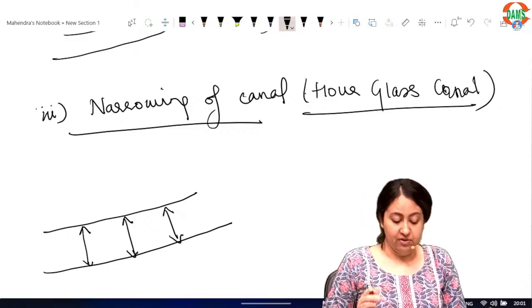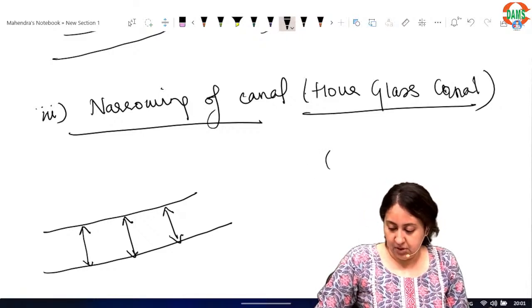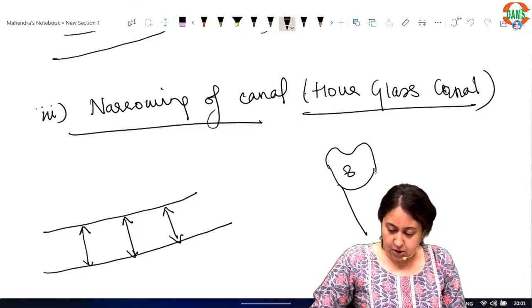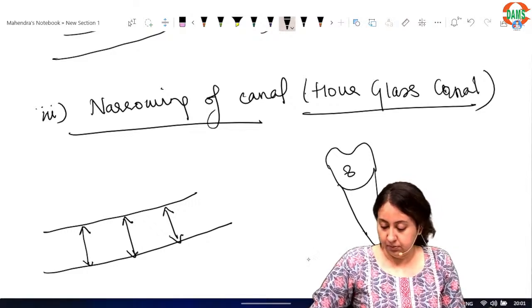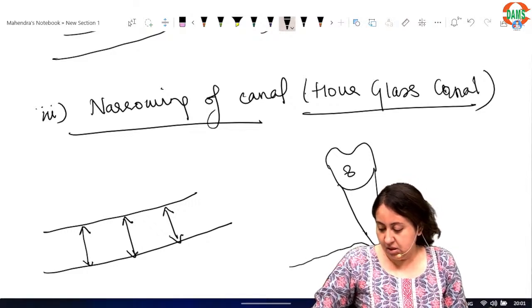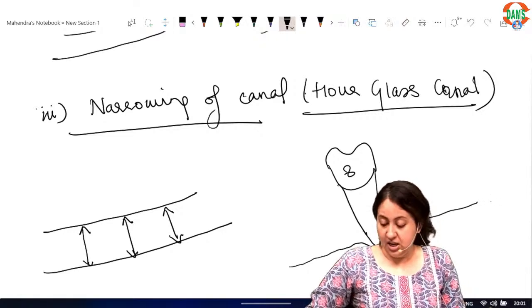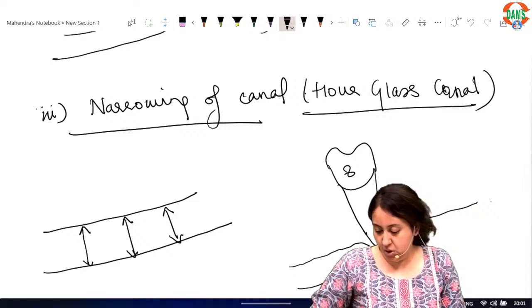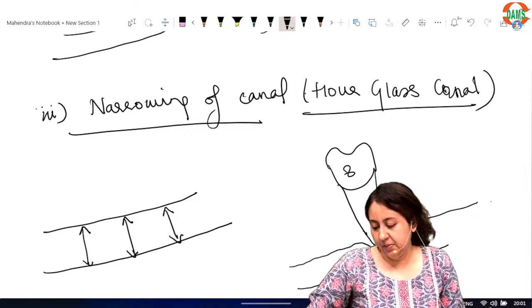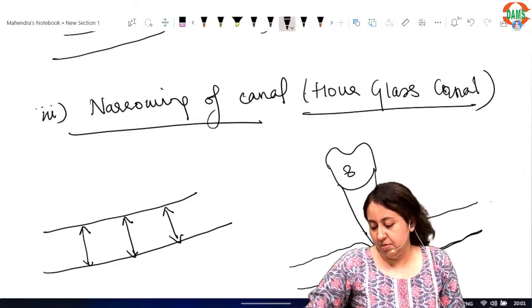All right, it will have a maintained width. Now what is happening? Due to this molar, there will be sudden dip, but only in the upper cortex. The lower cortex would be maintained.